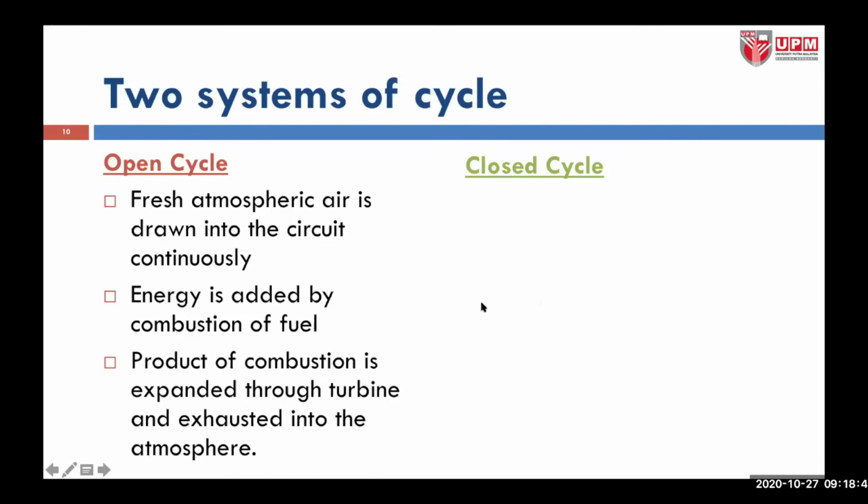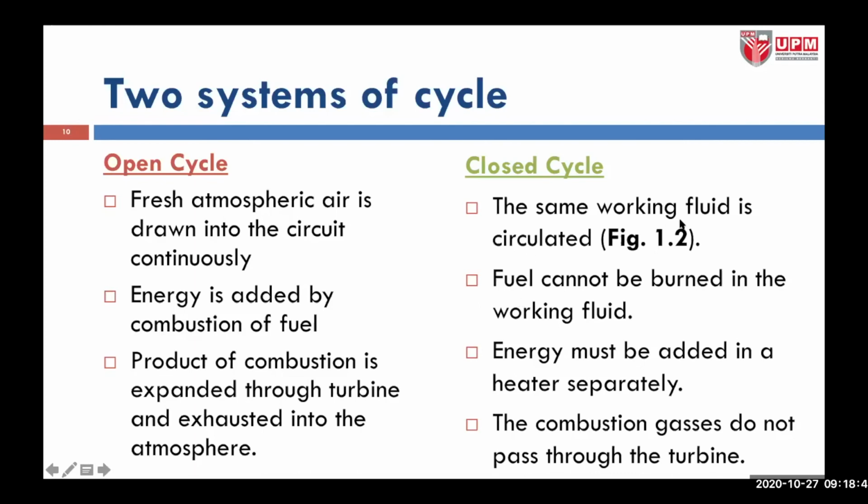In terms of the closed cycle, right, the same working fluid is circulated, meaning that whatever comes in will be going out through the system and being fed back into the system. And fuel cannot be burned in the working fluid because you are going to use the air or the gases again in the system. So energy must be added in a heater separately.